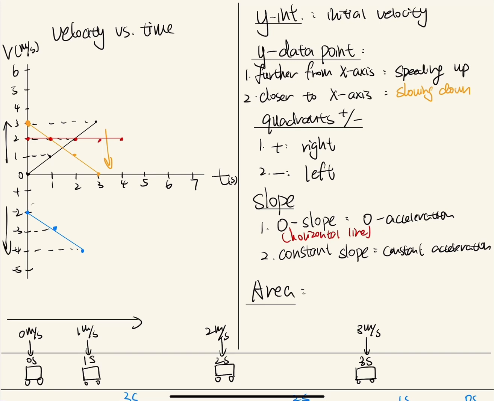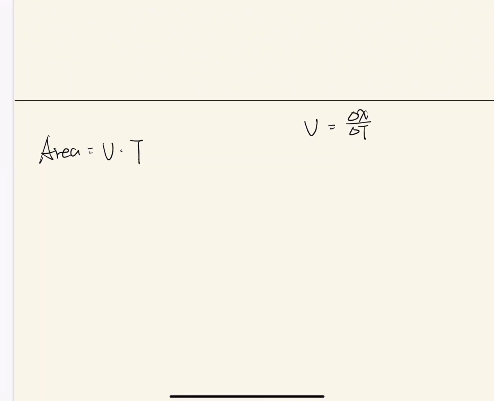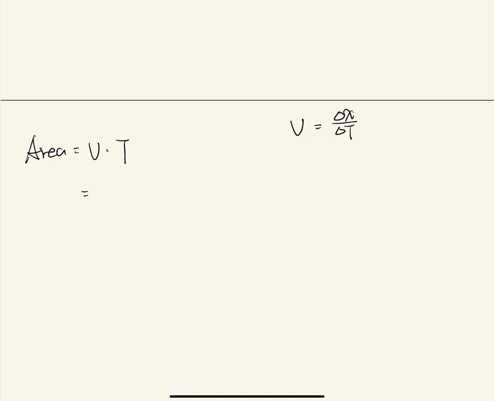Lastly, we need to know what the area under the VT graph represents. We know that on the VT graph, the area is just V times T. So we can write the area is V times T. And if you watch the first video, you would know that V is equal to changing X over changing time. So we can actually substitute it in here.